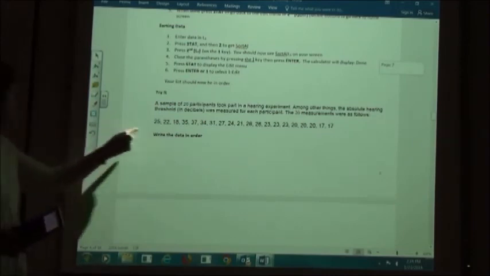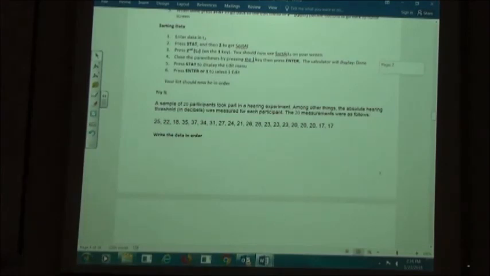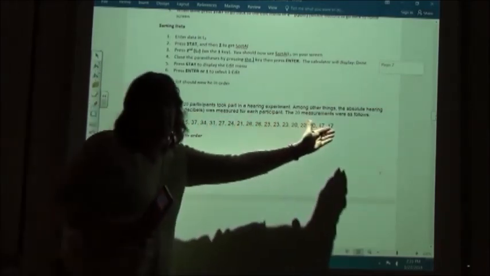We're going to enter in all this data, but before we enter it in, we got to clear our data list. So what we're going to do, cursor up so that you're highlighting L1, the whole list, and then just hit the clear button, which is underneath your arrow keys. Then you're going to hit enter, and then that whole list should clear out. Okay? Now we're going to go ahead and put all our numbers from this list in there.